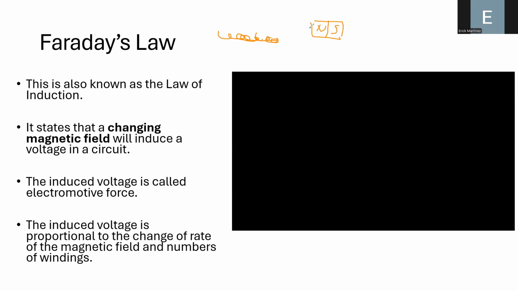So when this magnet moves closer to the coil, and I start moving or varying this magnet near this conductor, I can induce a voltage in the conductor due to the presence of a varying magnetic field near the conductor.